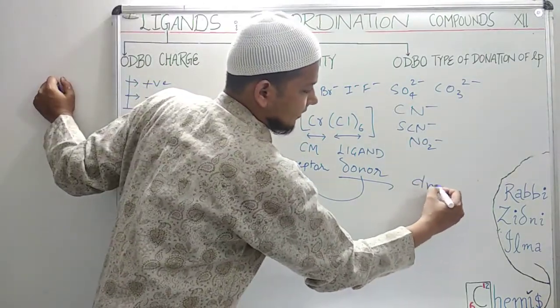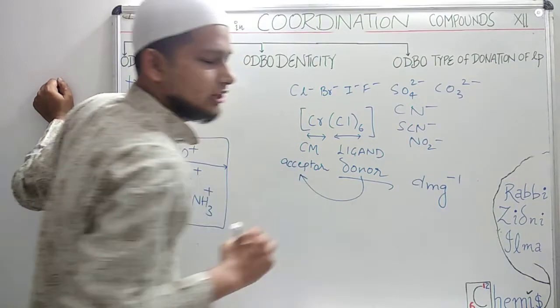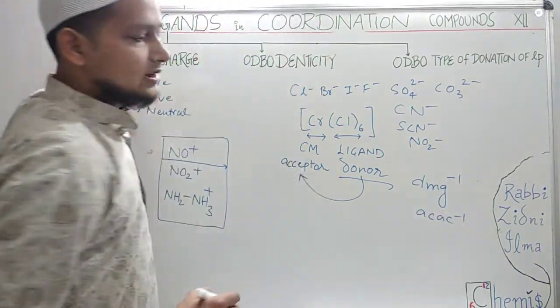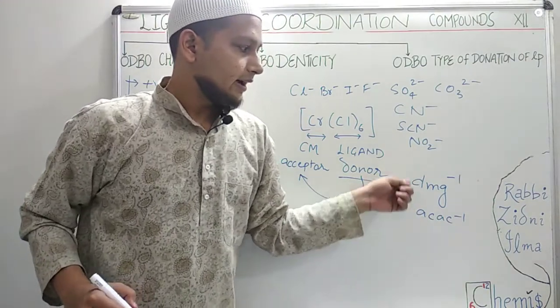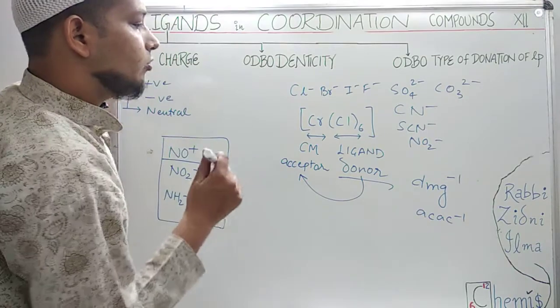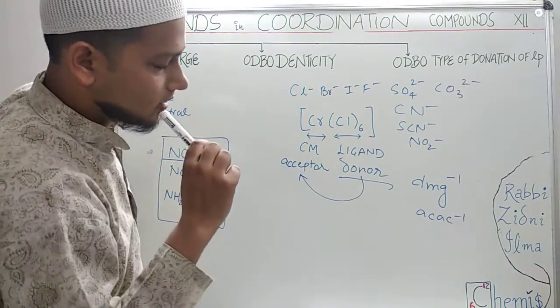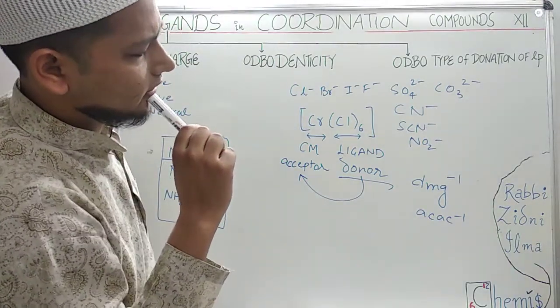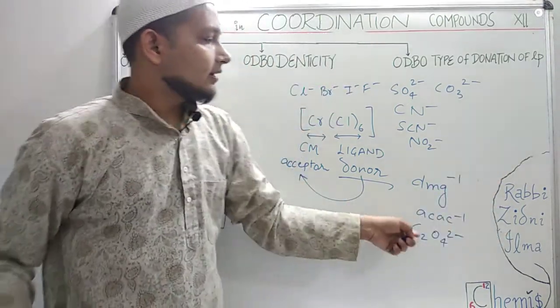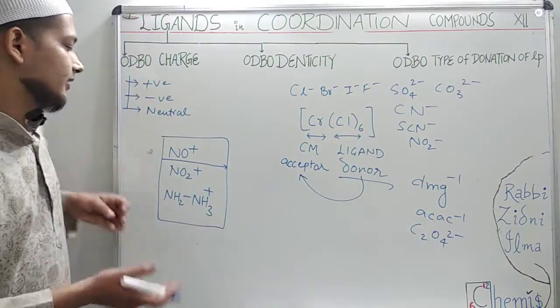One particular ligand that is also negative is DMG. Another one is ACAC. These are two very important ligands as far as our syllabus is concerned. These are also negative. And one more I have in mind for negative ligands is the oxalate ion, C2O4 2-. So these are the negative ligands, carrying a negative charge.